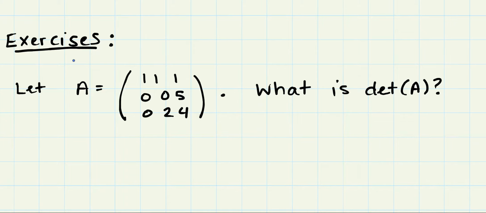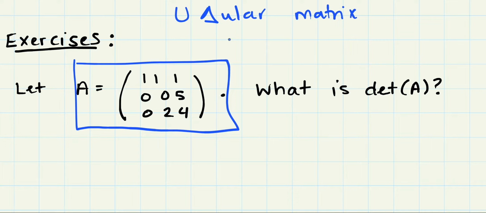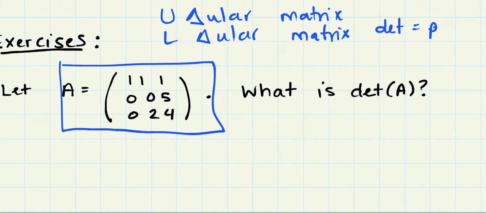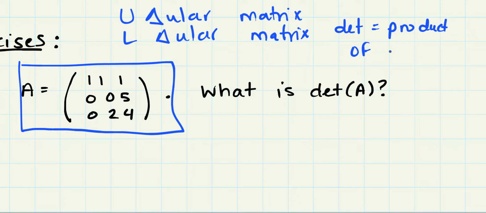So let's look at this matrix. We know that if we have an upper triangular matrix, or a lower triangular matrix, then the determinant of such a matrix is the product of the diagonal entries.